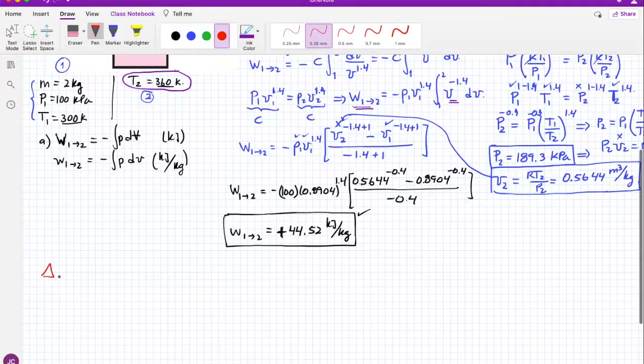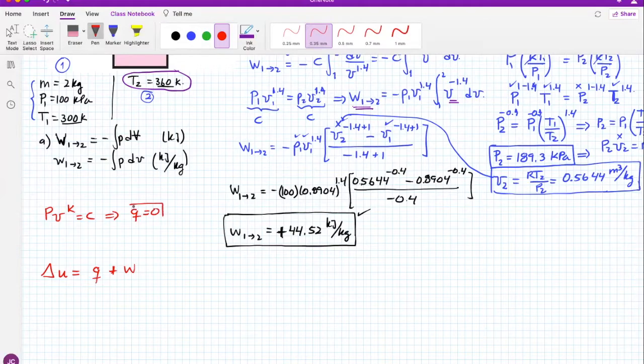Okay, so I have delta U equals Q plus W. That's completely correct. If you remember your theoretical background, when you have PV to the K equals a constant, it means that Q equals 0.